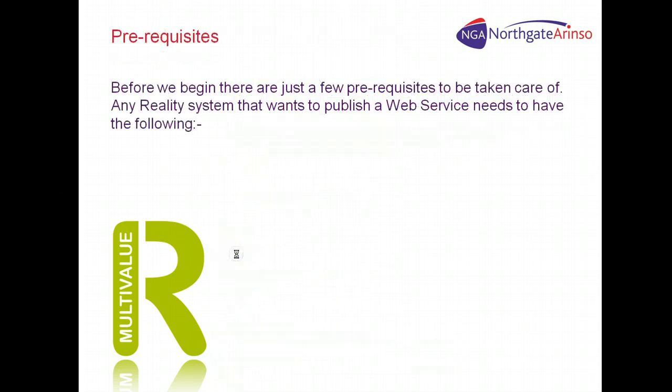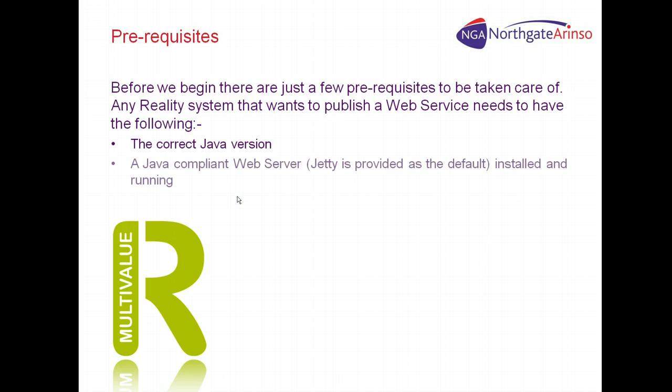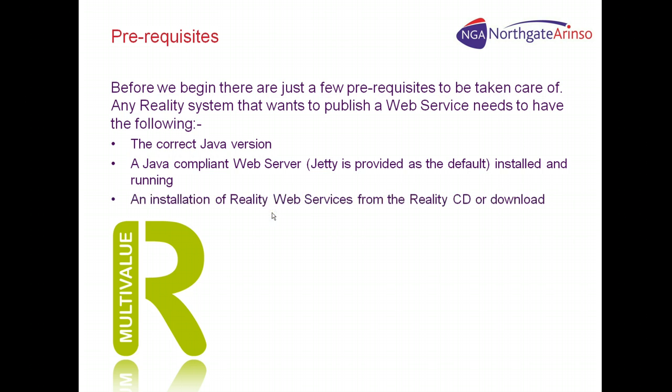Before we begin, however, to use Reality Web Services, there are some prerequisites that need to be in place. Firstly, we need the correct version of Java installed. We need a Java compliant web server, and Jetty is provided as the default. That has to be installed and running. An installation of the Reality Web Services from the Reality CD or download.